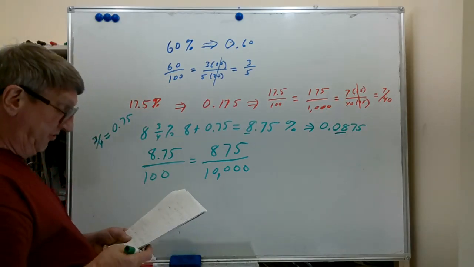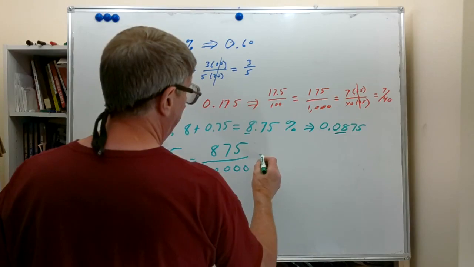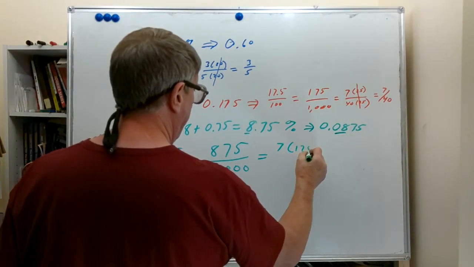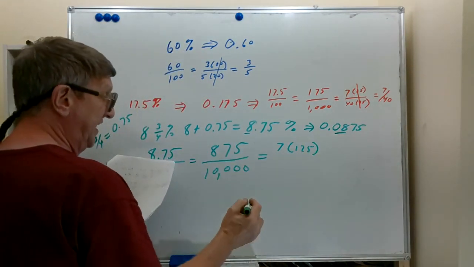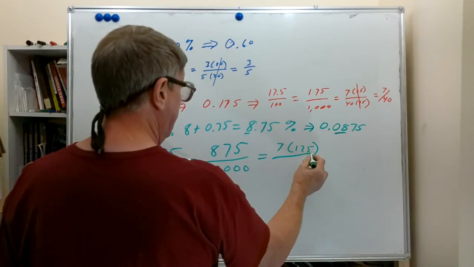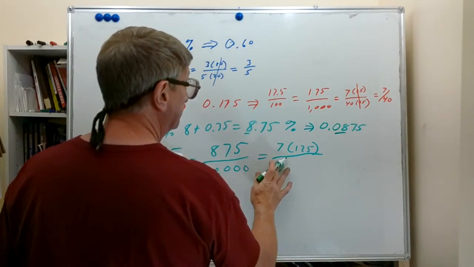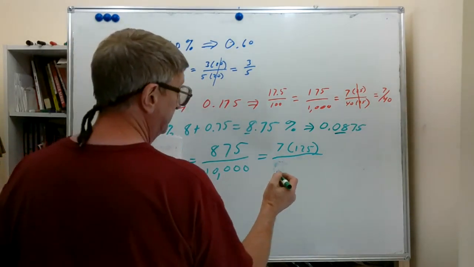We'd like to reduce that. Well, 875 is equal to 7 times 125. We found that 125 goes into 10,000 80 times.